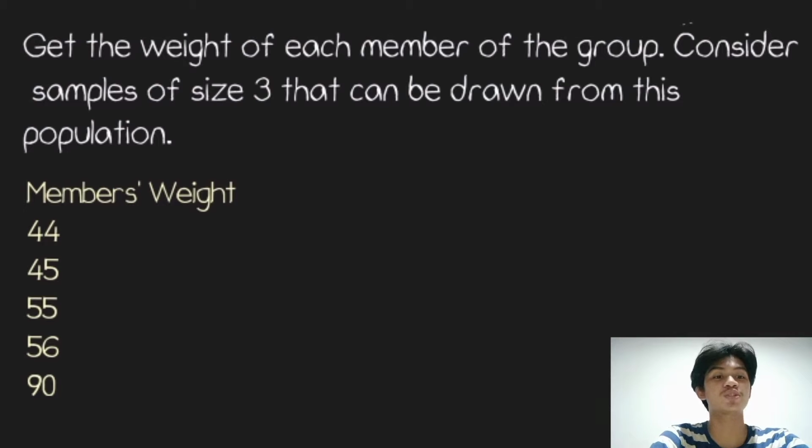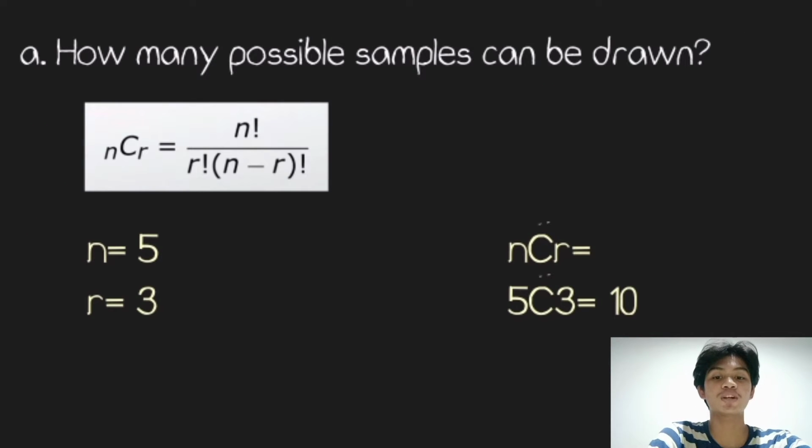3. Get the weight of each member of the group. Consider samples of size 3 that can be drawn from this population. So the given here are the weights of my group members in kilograms: 44, 45, 55, 56, and 90. So letter A. How many possible samples can be drawn?